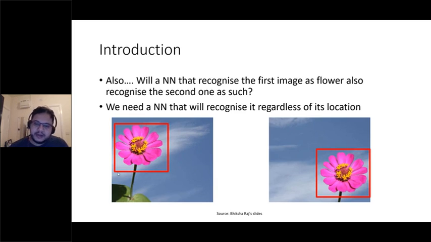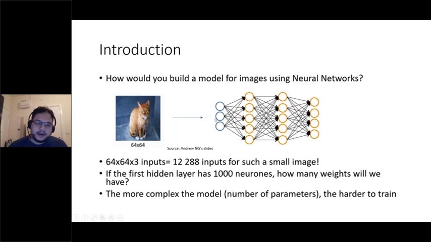The pixels in this corner are not the same inputs. The pixels that are in here are going to be these inputs, and pixels in here are totally different inputs if I use regular neural networks. So the location matters.